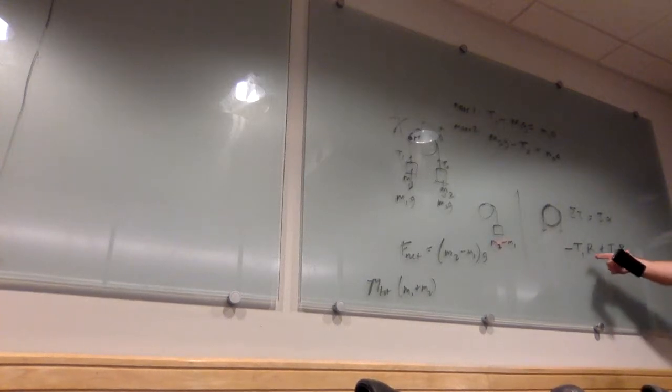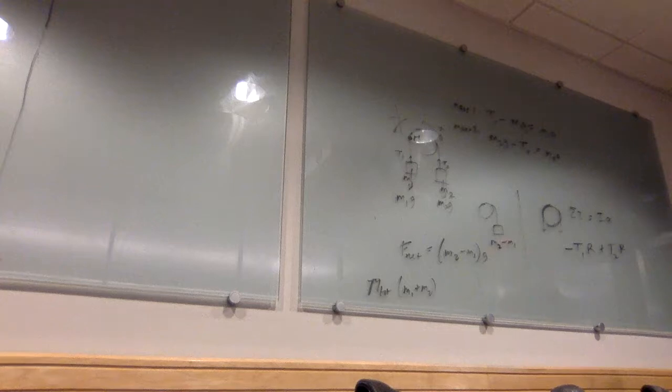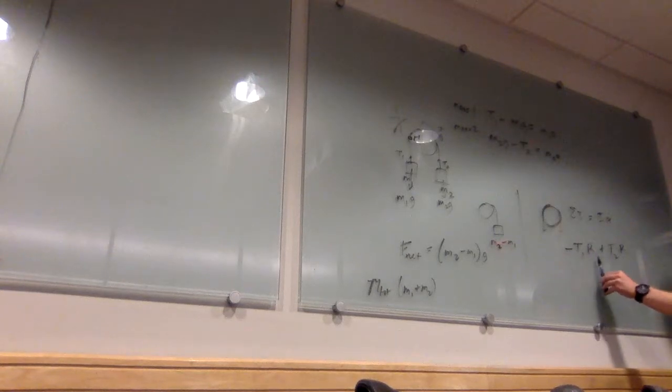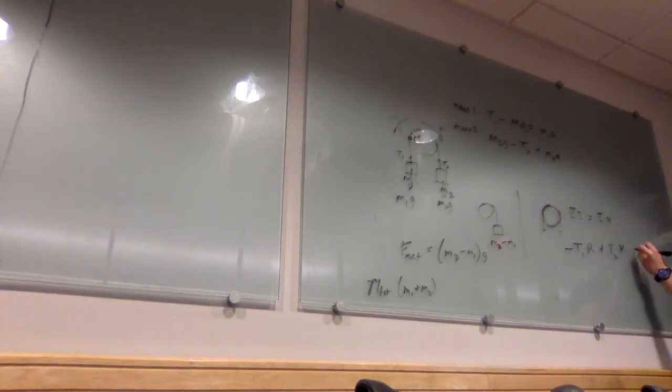So this is just torque is R cross F, or R F sine theta. Again, as usual in these problems, sine theta is 90, so sine theta is 1. And so we have T times R. R is just a constant. T is the unknowns from up there. And then that's it. There's no more torques on it. There's only two torques. They have opposite signs. Very important.